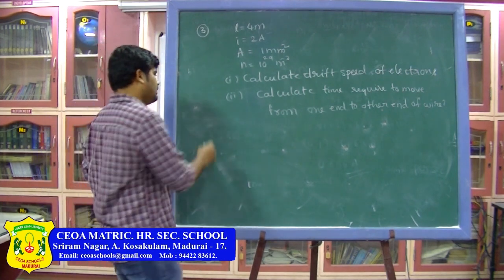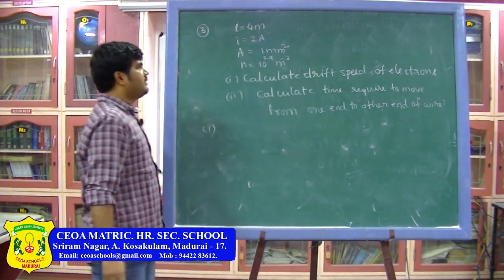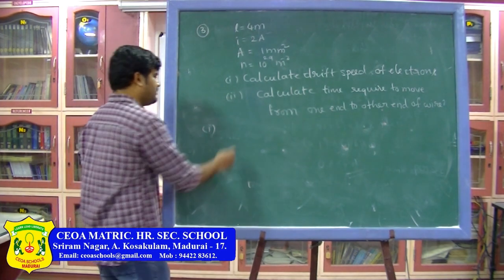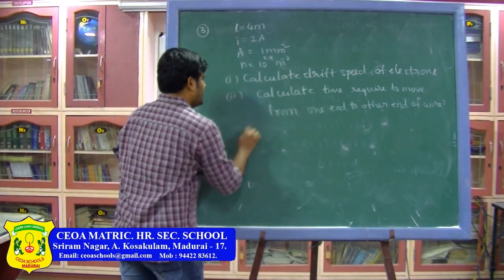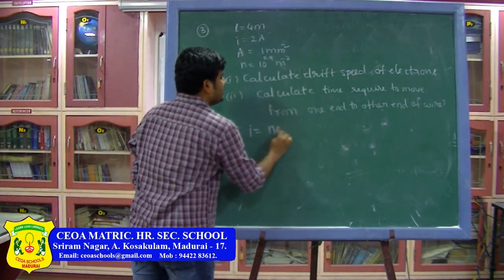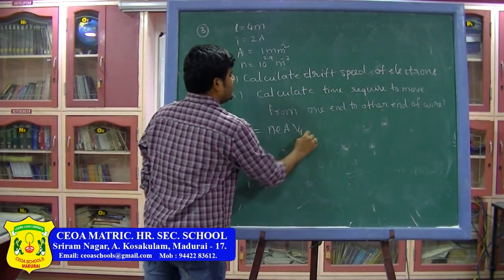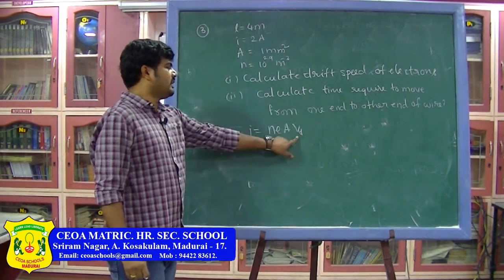Now, we know the relation between drift velocity and electric current, we discussed it already, that is given by I is equal to N E A Vd, where Vd is the drift velocity of electrons.